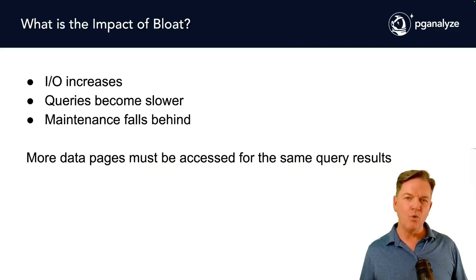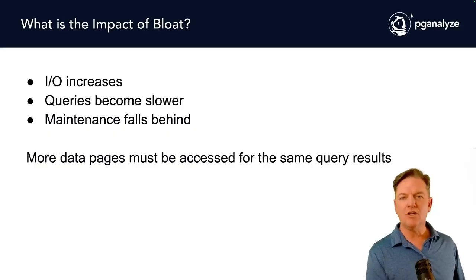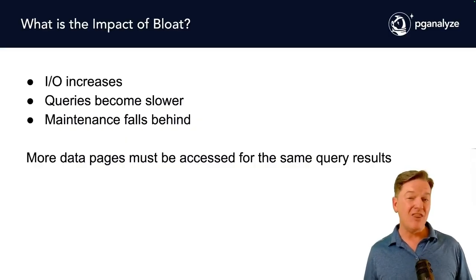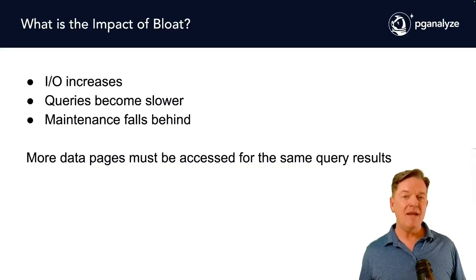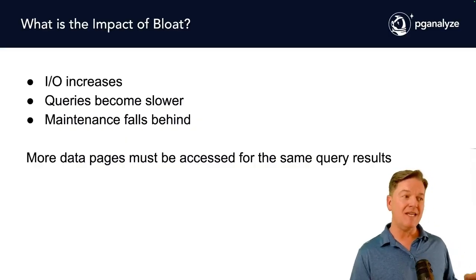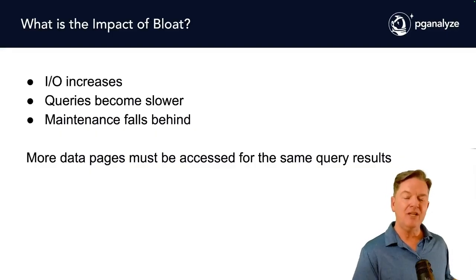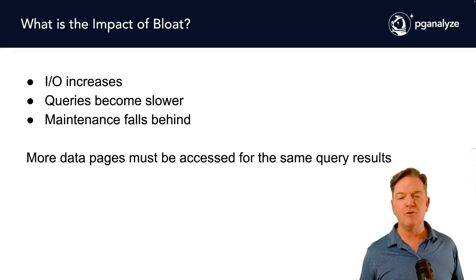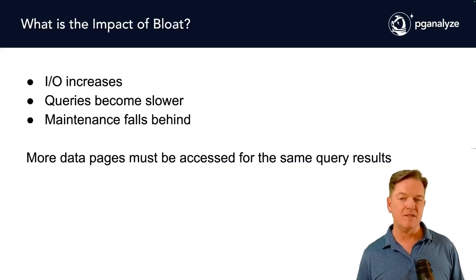Anytime we have to look at more data pages to do the work that Postgres is being asked, often the slower things will become. And with maintenance, there is that chance that maintenance will just begin to fall behind. If it can't complete its work at every iteration, it slowly begins to fall behind, and the rest of the database suffers because of it, and the performance of the database suffers.